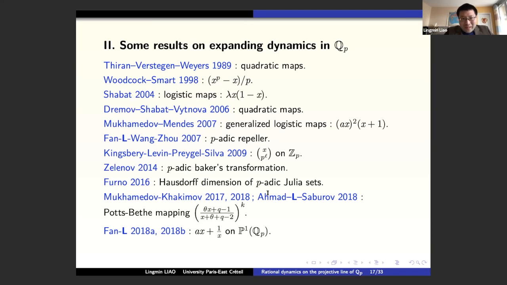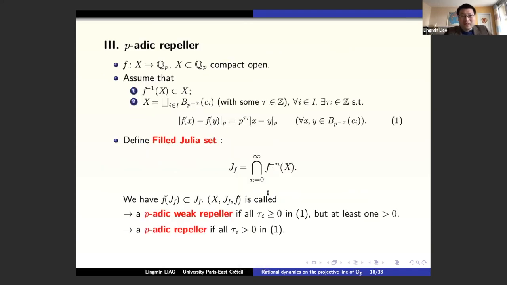So let me show you that, in general, we can find some family of polynomials or rational maps which have this interesting property. I study some dynamics on some compact open sets of Q_p, and I suppose these two properties are satisfied.